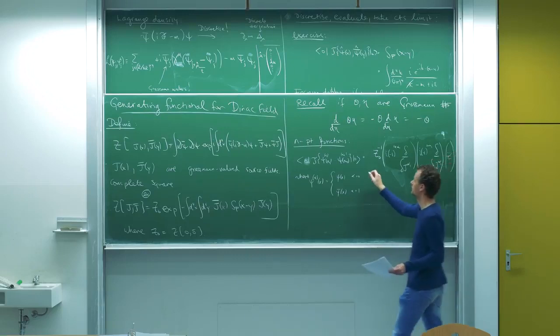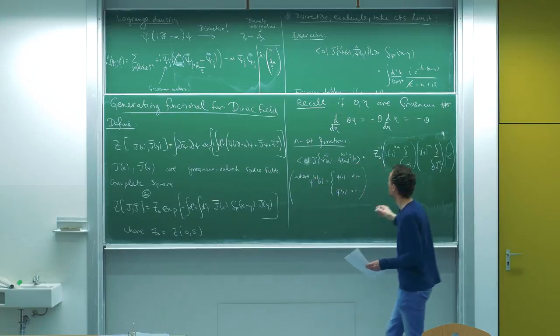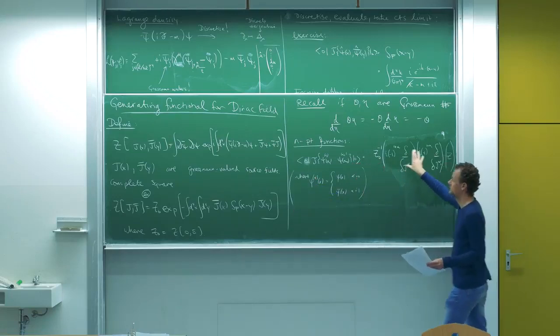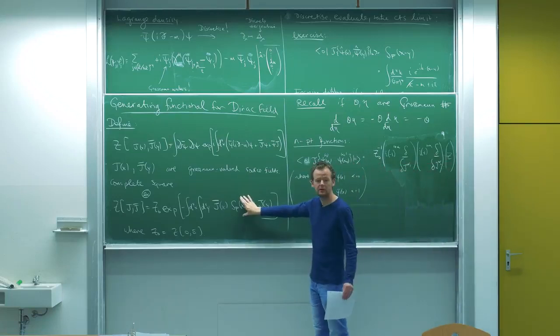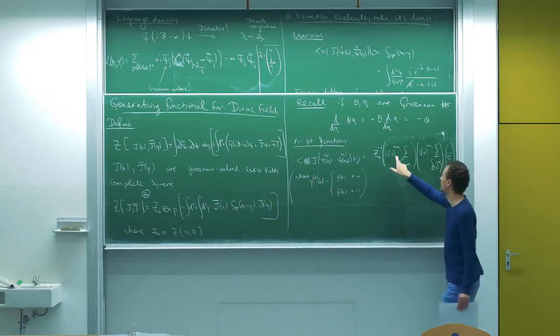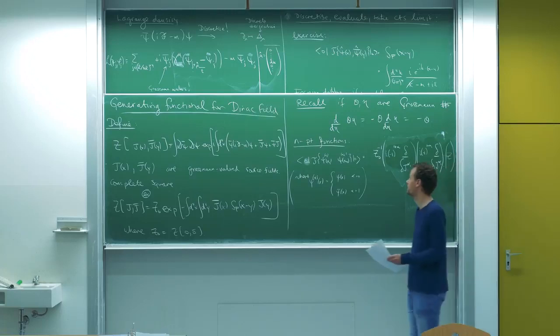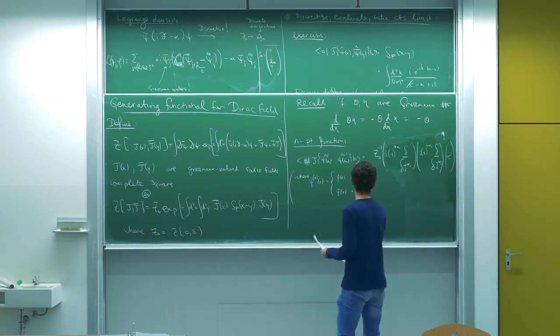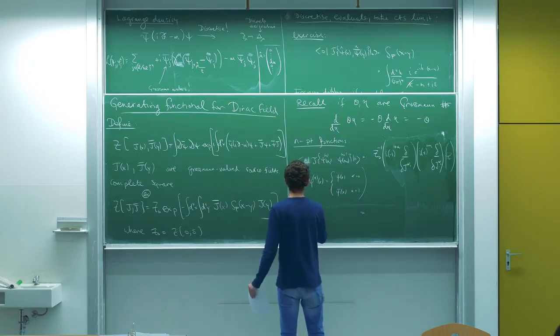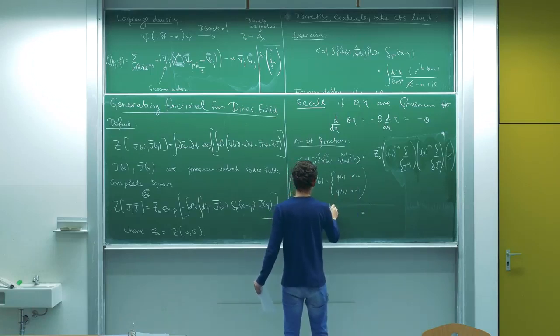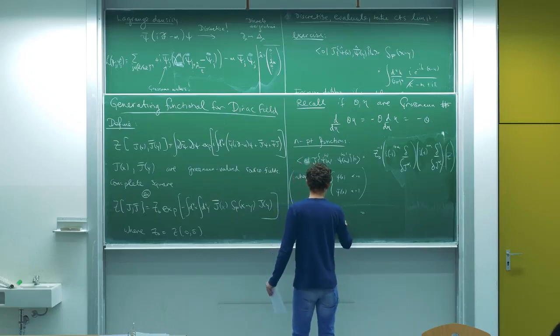You get these endpoint correlation functions by functionally differentiating this thing here, just taking a little bit of care of these signs. And then, for example, the 2-point function works out as you hope.